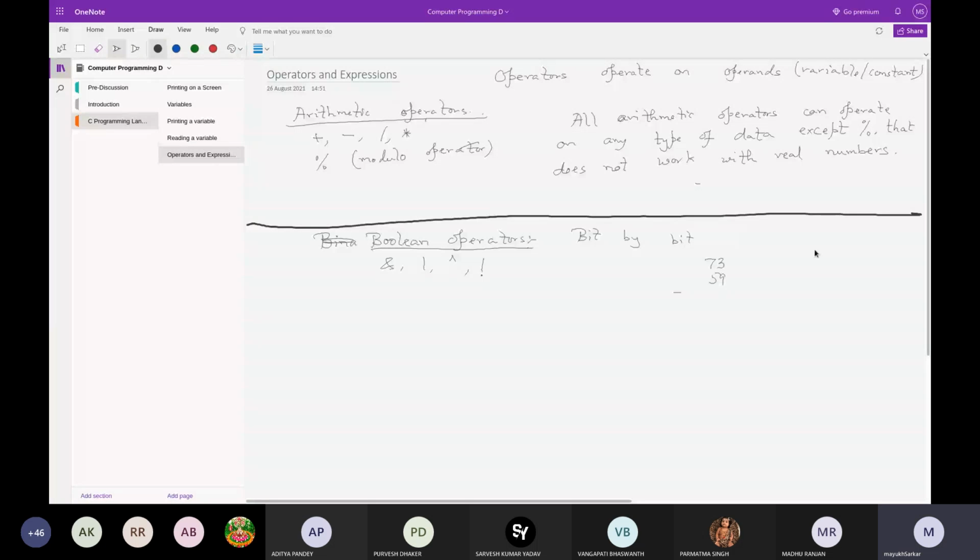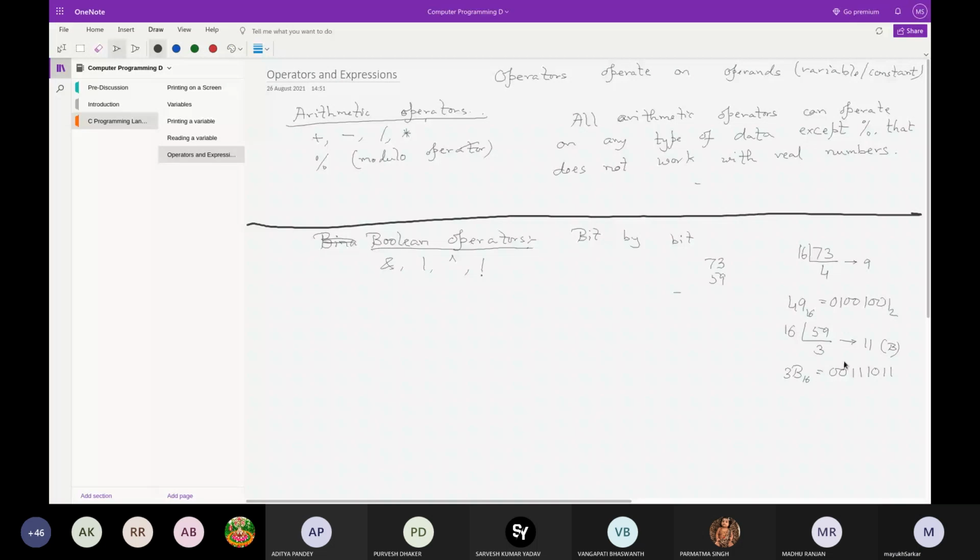Now, if I perform the binary conversion, 73 is 49 in hexadecimal, so this should be 01001001 in binary, and 59 is 3B in hexadecimal, so it should be 0011 1011, right?